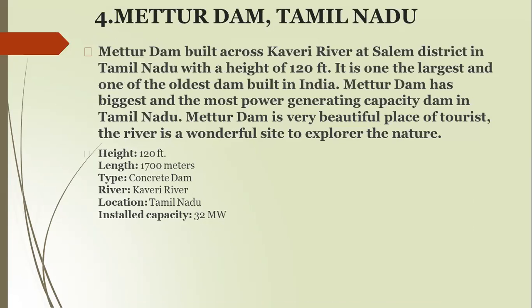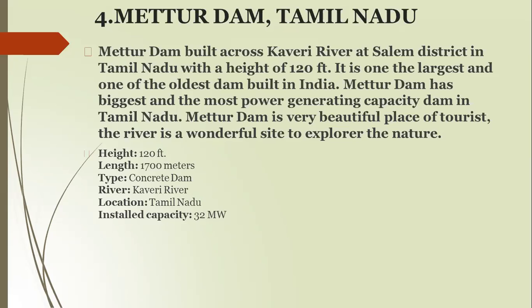Now, one of the dams from Tamil Nadu, that is the Mettur Dam. It is also built on the Kaveri River. It is a concrete dam having length of 1.7 kilometer and height of 120 feet. It's having a small hydropower capacity of 32 megawatt.